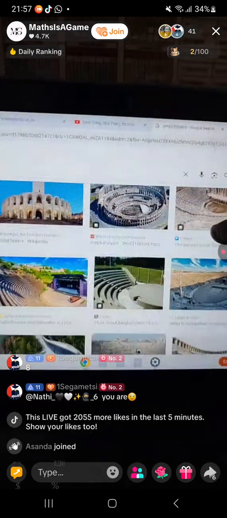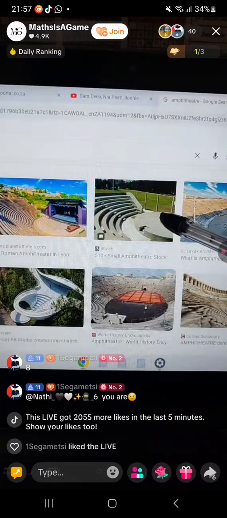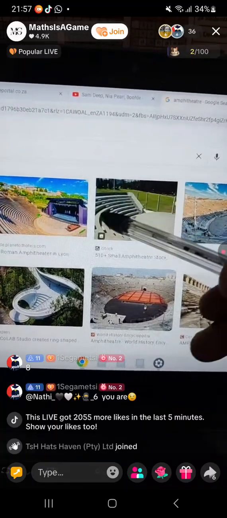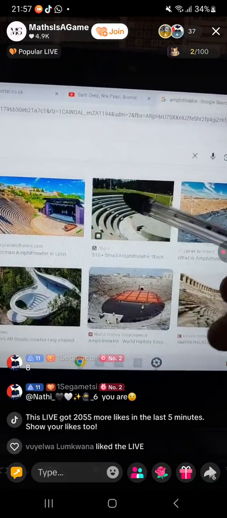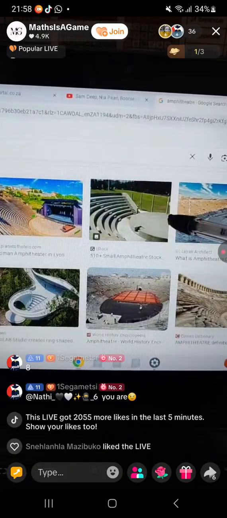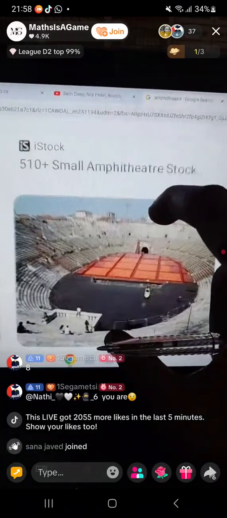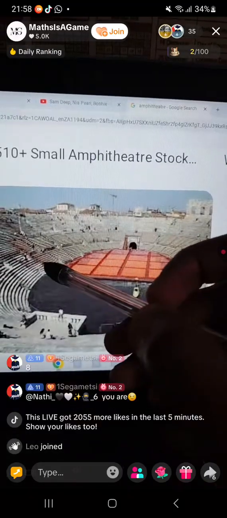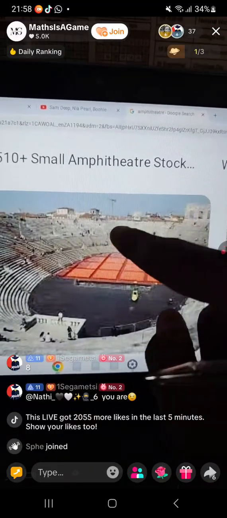So that you can visually picture what an amphitheater is. There's a stage there, and then there's where people sit. This is like an amphitheater, it's where people sit, row by row, and they are able to watch some show that is happening. This is a much more massive amphitheater. You can see the seats are there, and this is the stage people are able to watch.